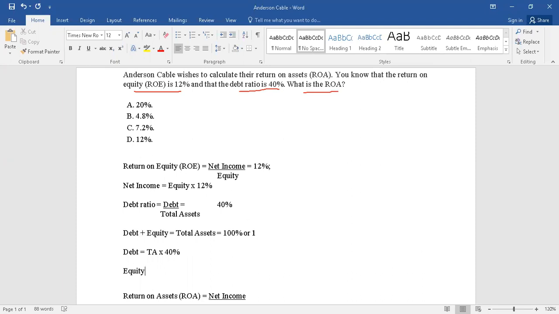Debt plus equity is equal to 100%. So, when we simplify that, equity is equal to, take debt to the other side, 100% minus debt percentage. Or it would be 1 minus debt.